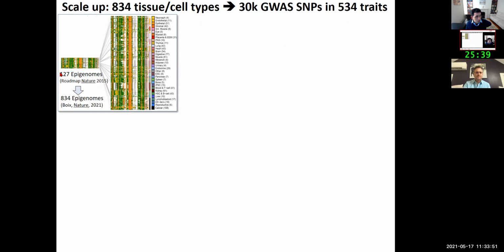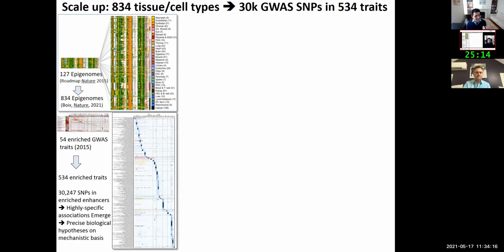We basically published the 127 epigenomes as part of a Roadmap Epigenomics paper. In 2021, just a few weeks ago, I can't believe we're already in 2021, we published a new paper expanding this to 834 tissues and cell types, which we call EpiMap, which now cuts across ENCODE, Roadmap, and GGR and other consortia.